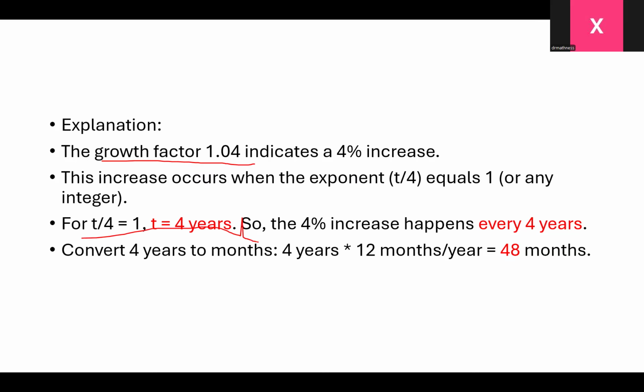So for each 4 years, a 4% increase happens in the population of the city, right? So we can convert the 4 years to months. It is 48 months. So this question is not so difficult, but we need to understand the question quite well so that we can calculate the number of months, right?